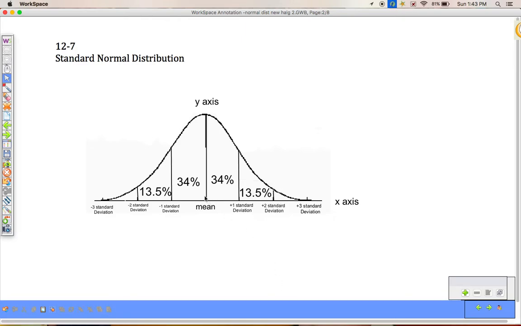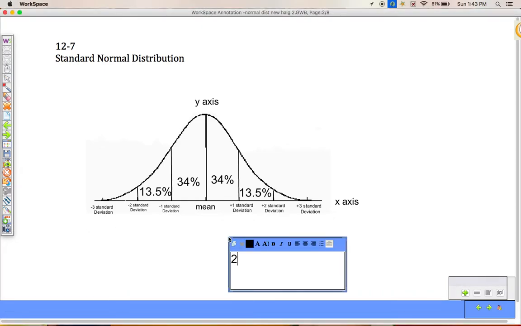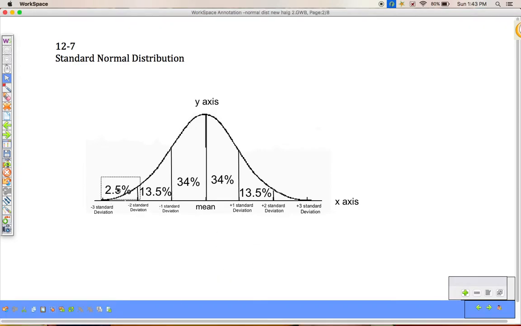So 34%, 13.5, and outside of 2 standard deviations, it's going to be 2.5%. The rest over here, and it keeps going, and then the other side. So outside of 2 standard deviations, on both sides, is 2.5% each way.